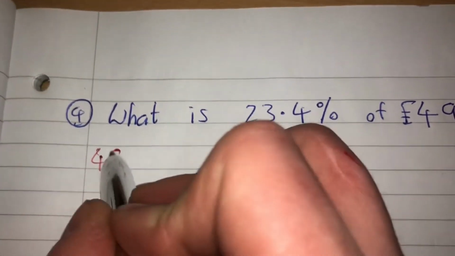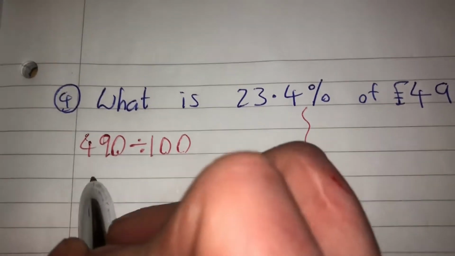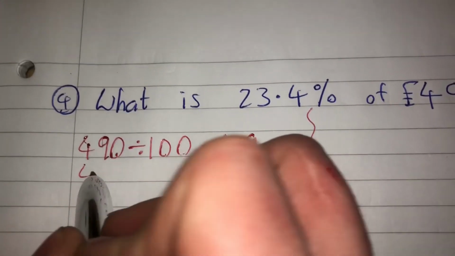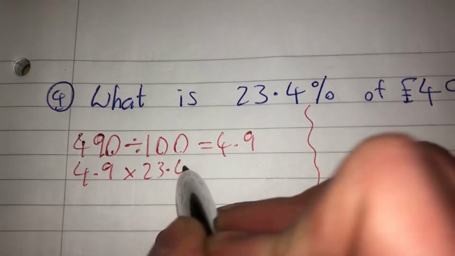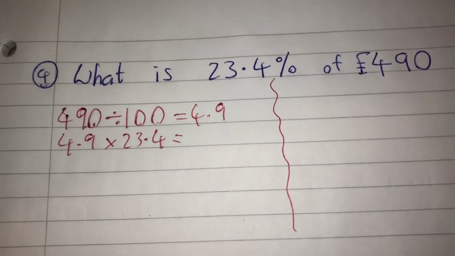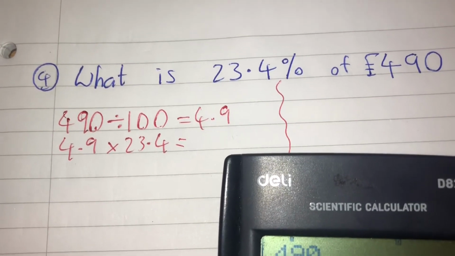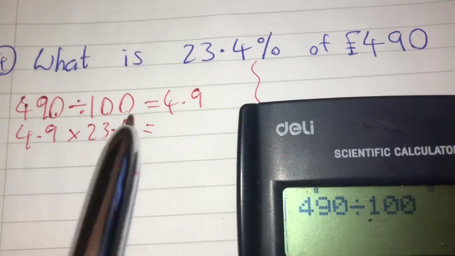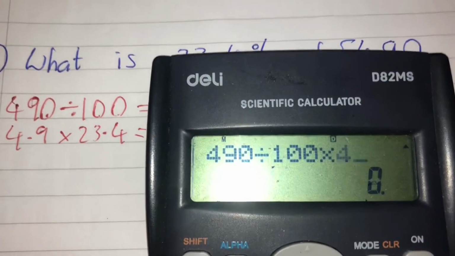I'm going to take 490, use the first method, divide by 100, then multiply that by 23.4, so I get 4.9, and I take that 4.9 and I multiply it by 23.4. Okay, I mean, it is perfectly fine to also put that into the calculator in one go. Okay, 490 divided by 100.